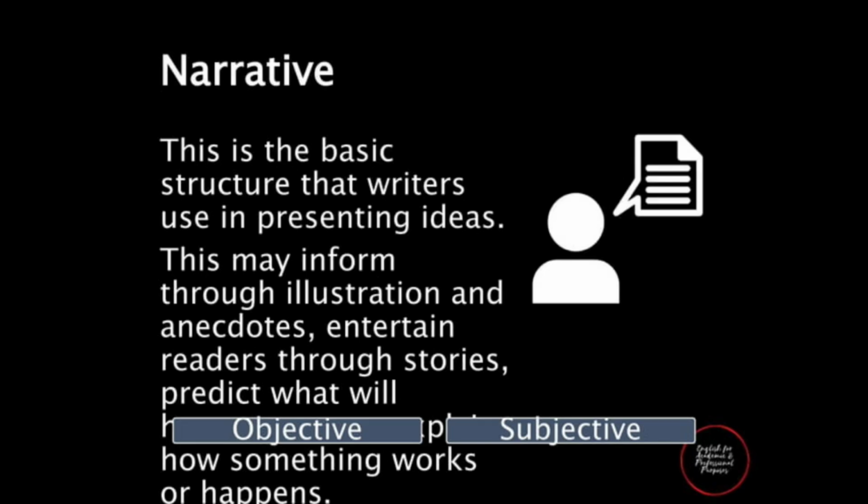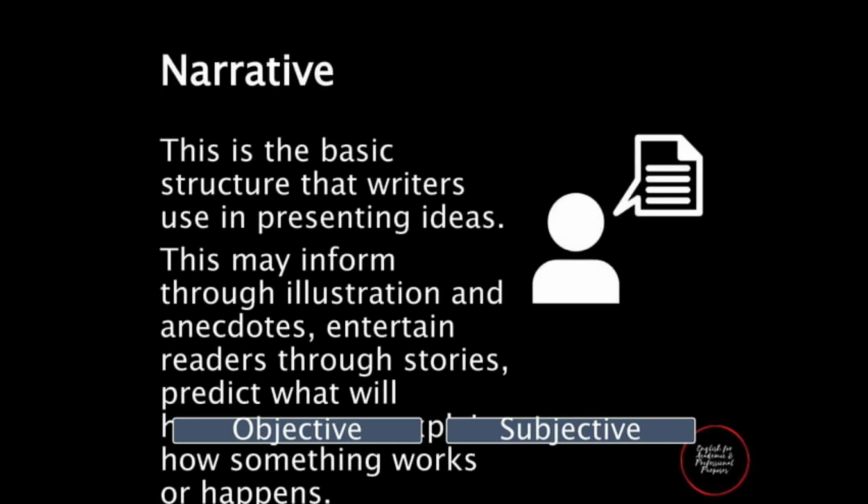So this is basic, which means to say we have objective and subjective. When we say objective, this is based on research, empirical truth, and based on facts. And subjective, this is based on opinions, feelings, and biases. Okay?